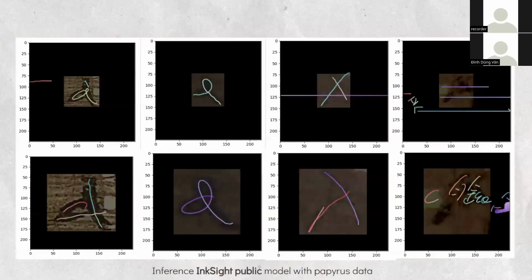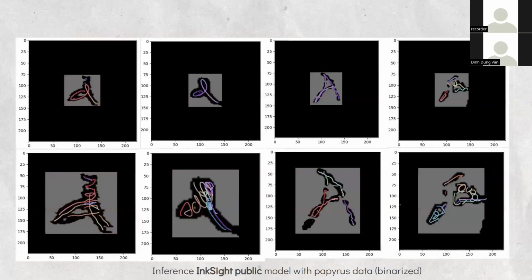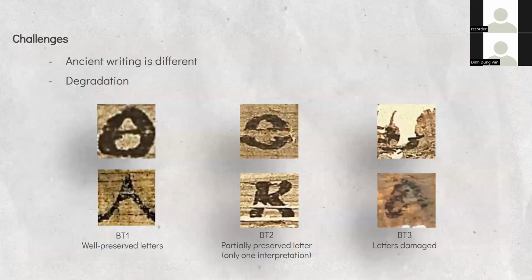And also you don't have the ability to interact with the output of the models. This is what we tested with the papyrus data, even with the binarization form. The result was not very good, and currently there is no other way to interact with this kind of generation. There is also a difference between Asian handwriting and the modern one.